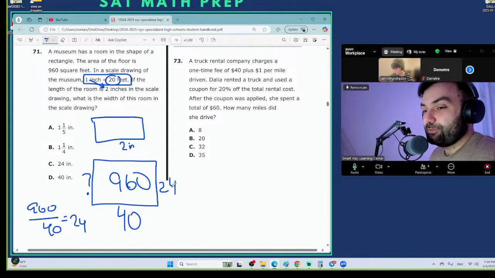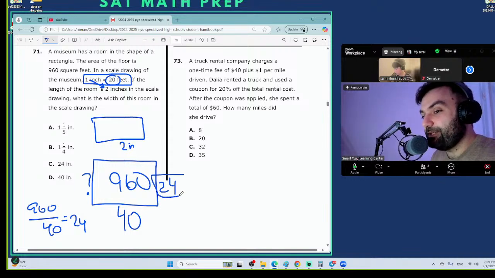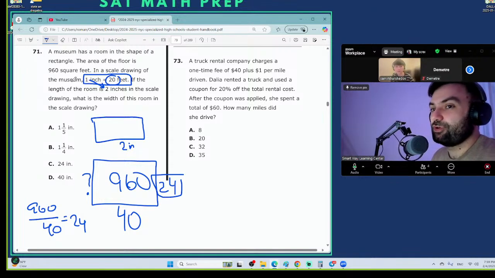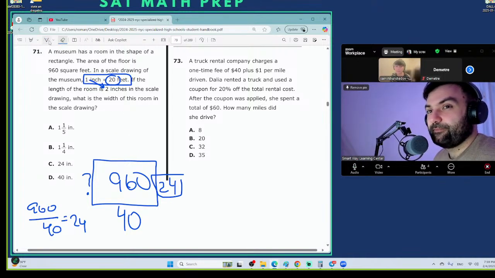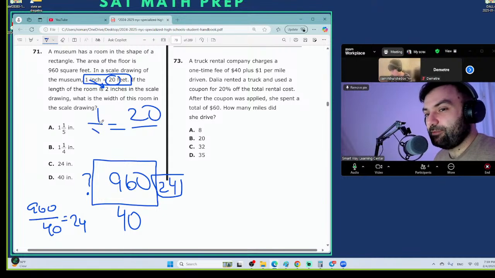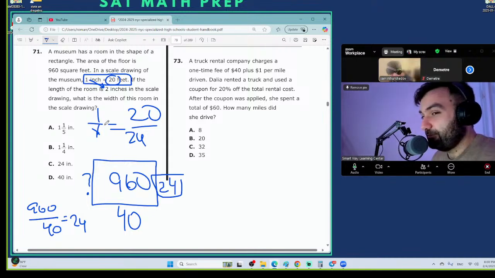And now we have to find out how many inches 24 feet is in the scale drawing. For that, you can use a proportion if you want. We can say 1 inch is 20 feet. How many inches is 24 feet? Make notes if you think you can forget it.